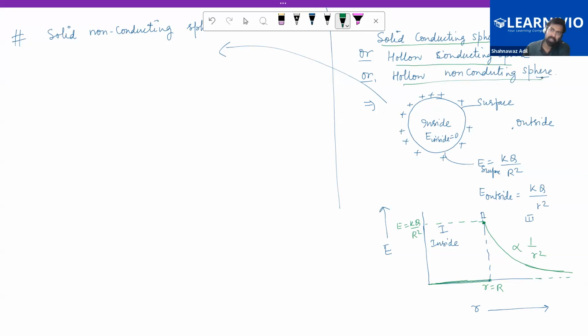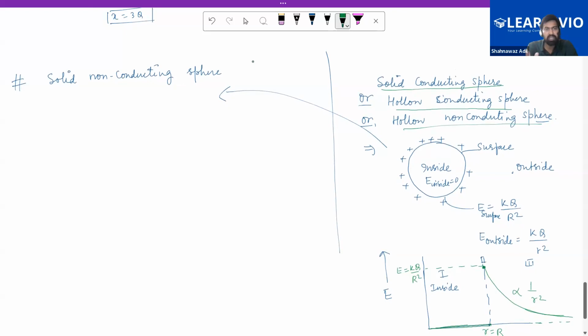Yes, sir. So similarly, we will have this solid non-conducting sphere. And what are we going to apply? We are going to apply the Gauss law. So let's apply the Gauss law for two regions, right?